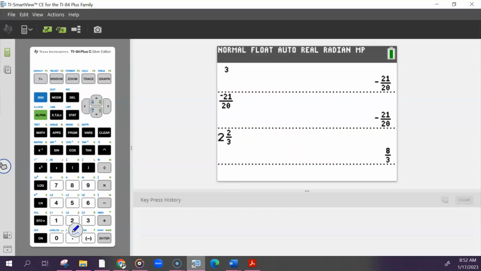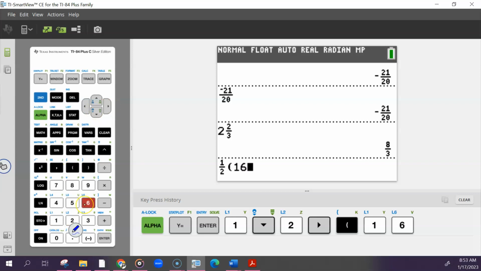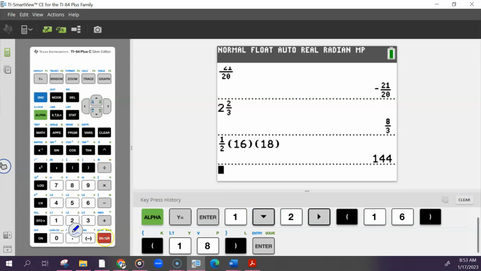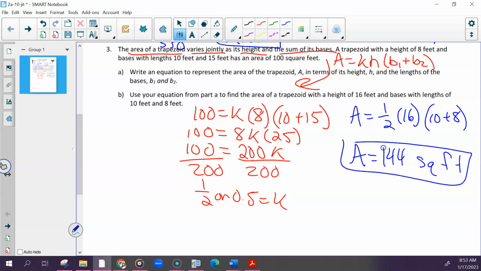It's not the number I got, but I could have done this wrong. I got 145. Yeah, should be 144. And then area is square feet. So that would be your final answer. Questions on that?